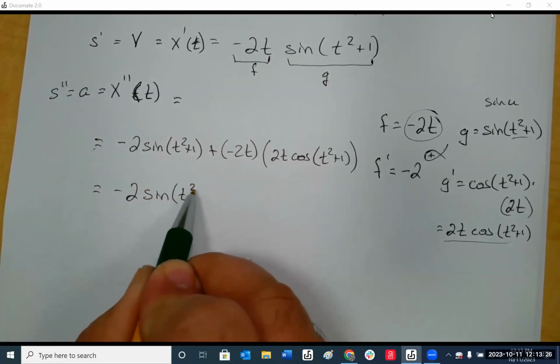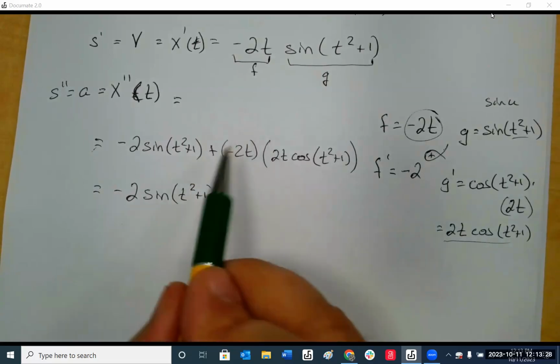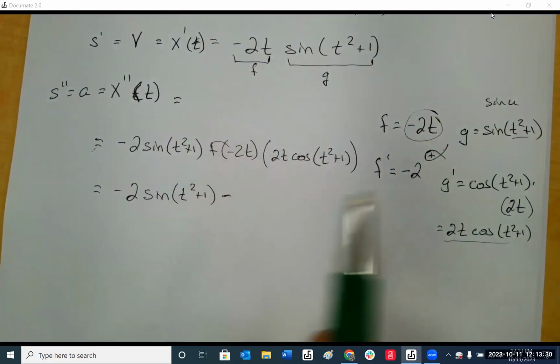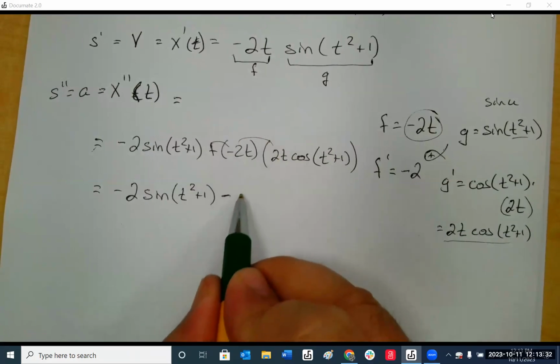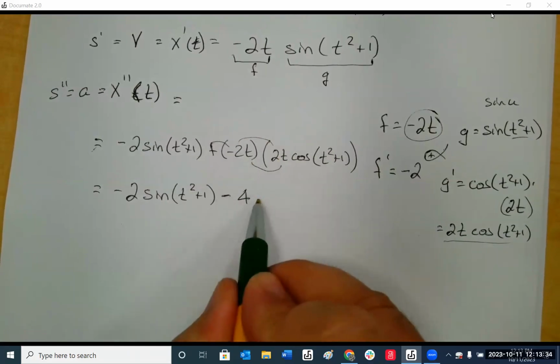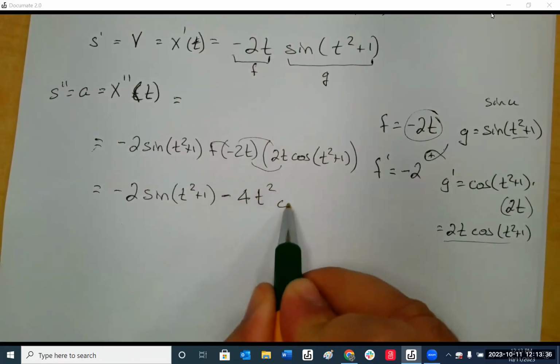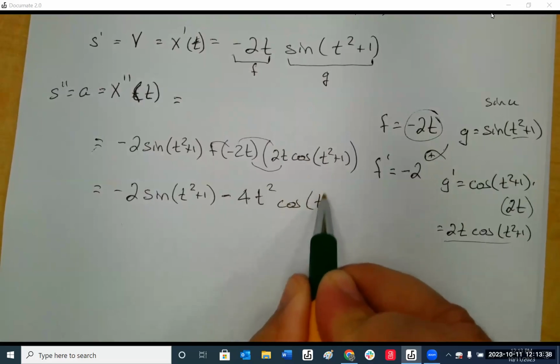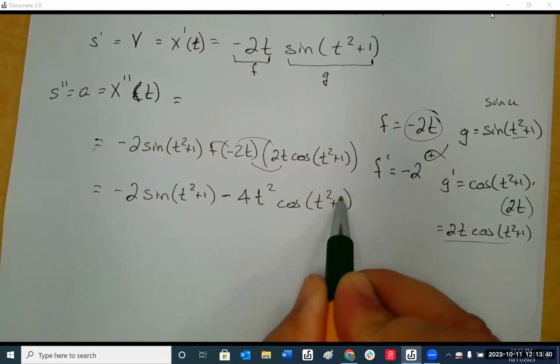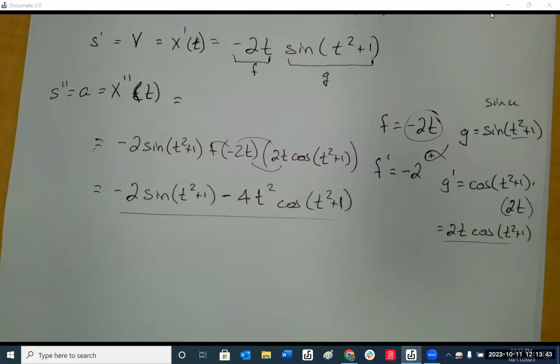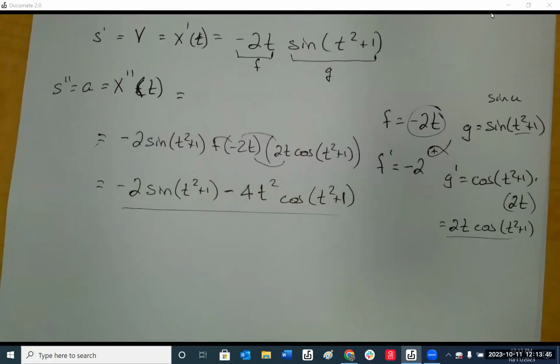And just fix it up. Positive times negative is negative. 2 times 2 is 4. T times t is t squared. And there's your answer. That's the acceleration function.